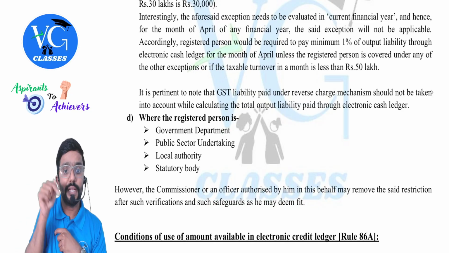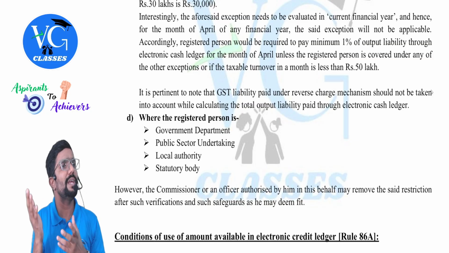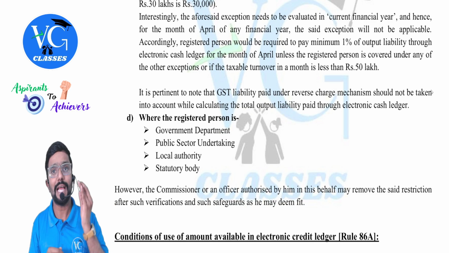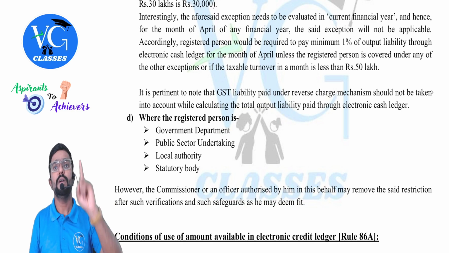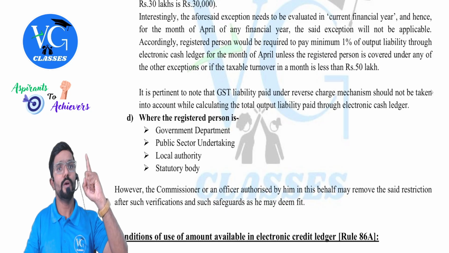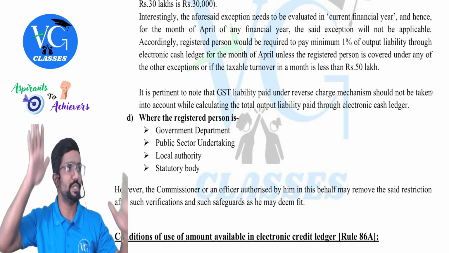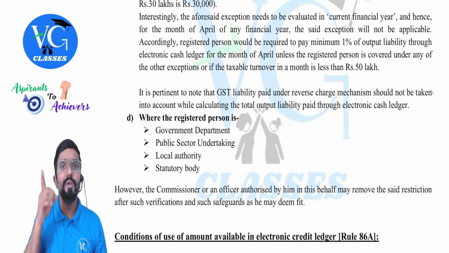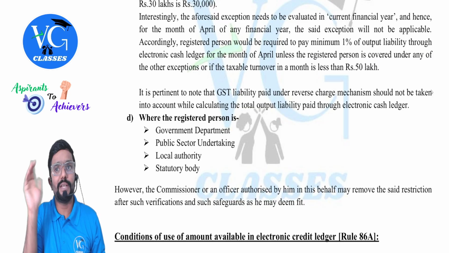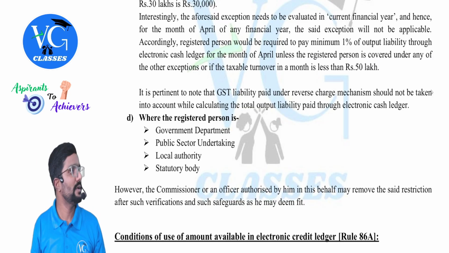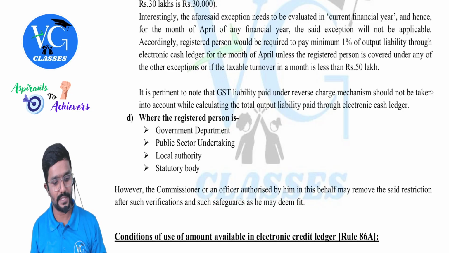But should I count it in output tax? No. Why, sir? Input tax is different, output tax is different. And as per Rule 86B, at least 1% of your output tax has to be paid through cash ledger. And while counting that 1%, should I include the input tax also? No, sorry, we should not include. Is that clear? Yes, sir.